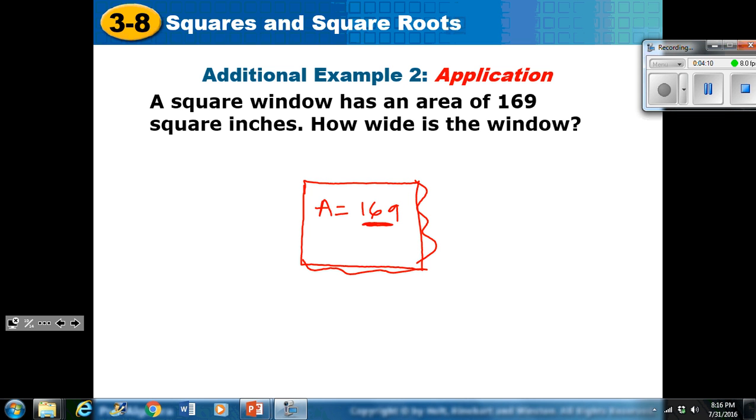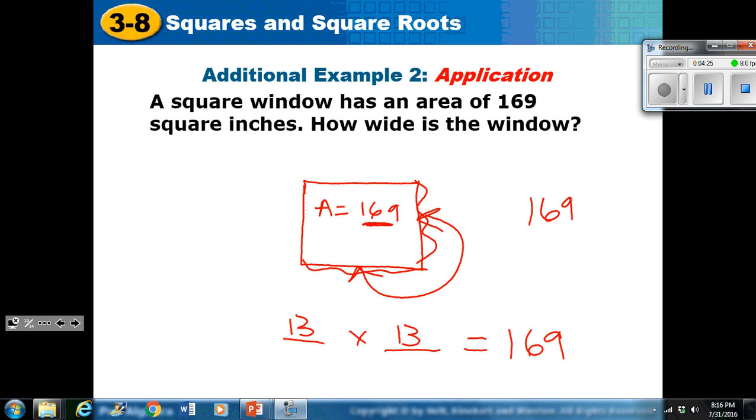And since it's a square, these two things are the same thing. So something times itself equals 169. And that number is 13. And the way you would get that is by putting 169 in your calculator and hitting the square root key, and it will give you 13. So 13 inches is your answer.